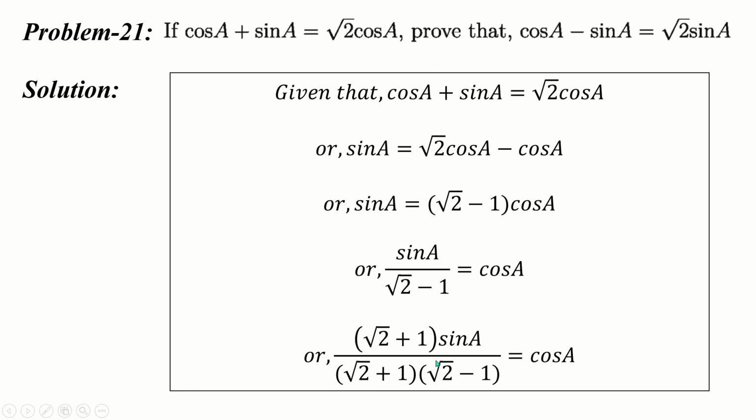As a result, the denominator will be square root 2 plus 1 into square root 2 minus 1, and the right side will be the same. Here it will be square root 2 whole square minus 1 square, that means 2 minus 1, which is only 1, and the numerator will be the same.